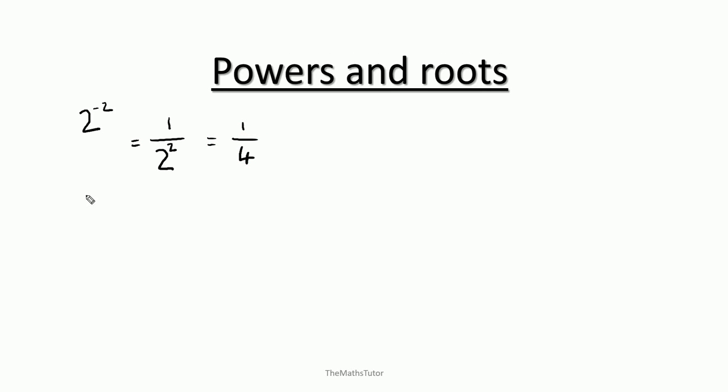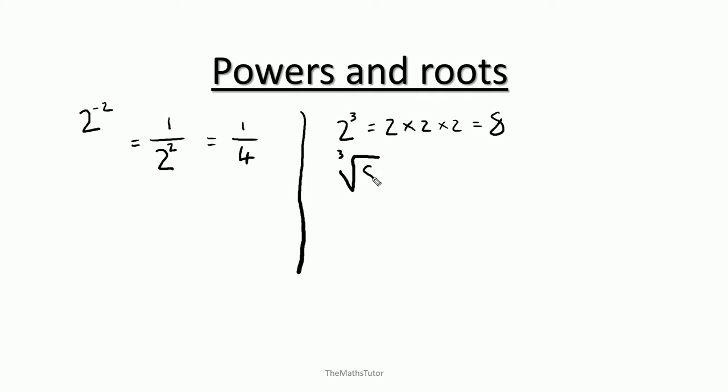Another thing I want to mention is another way of writing roots is through something called fractional powers. So if I take the example I used earlier, if I write 2 cubed, I can say this is equal to 2 times 2 times 2, which is equal to 8. And therefore I can say that the cube root of 8 is equal to 2.